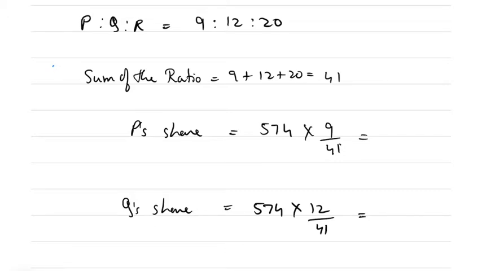So 574 into 9 by 41, how much does it come to?